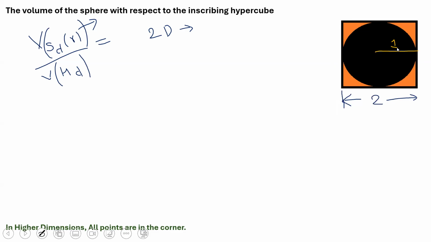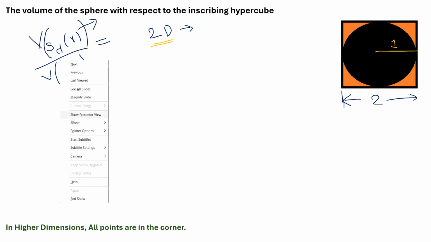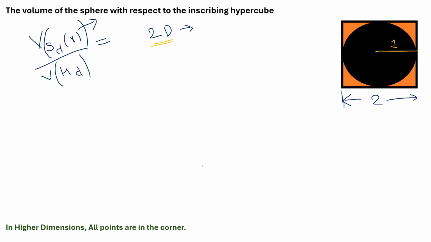If you calculate the volume of the sphere in 2 dimensions, it looks something like this. So this is pi r square. R is equal to 1, so this becomes pi by, what is the volume of the cube? 2 into 2, which is 4.